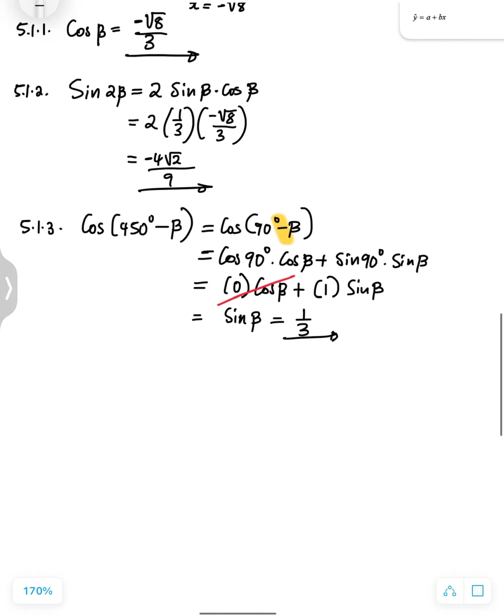Or you can use a simpler method, the grade 11 reduction formula.